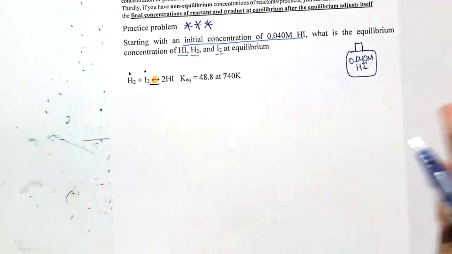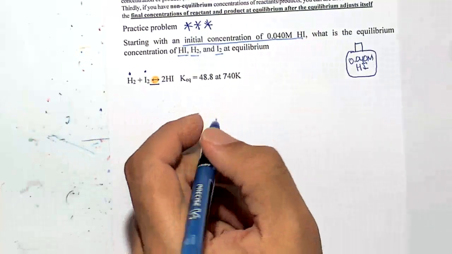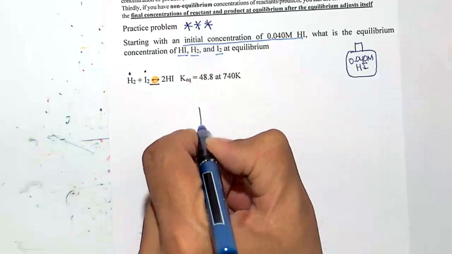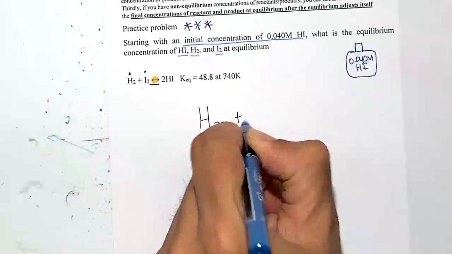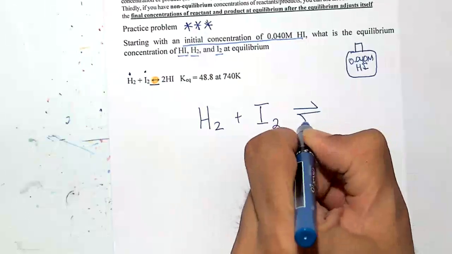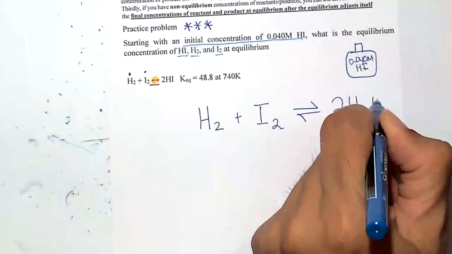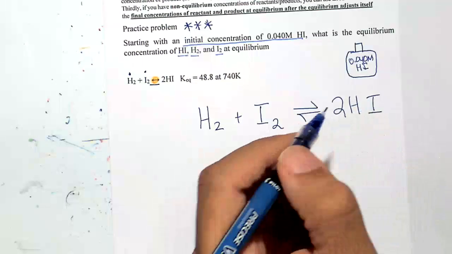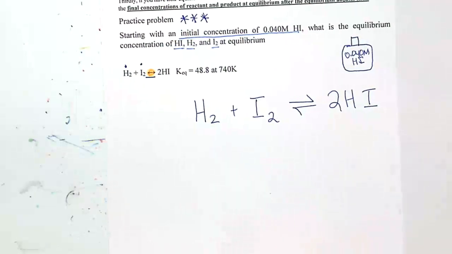So this is what you'll do in the exam or in the future if you ever encounter this again. I'll rewrite the equation. So, ICE.